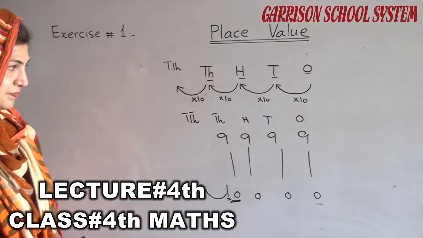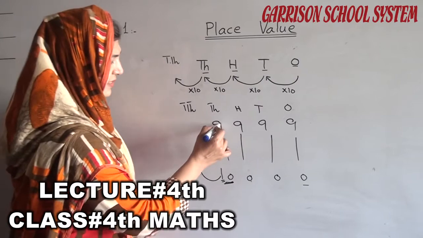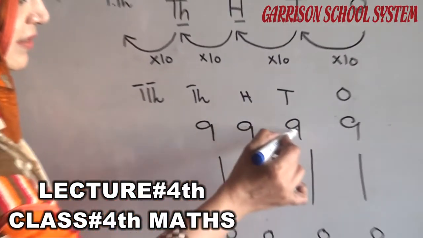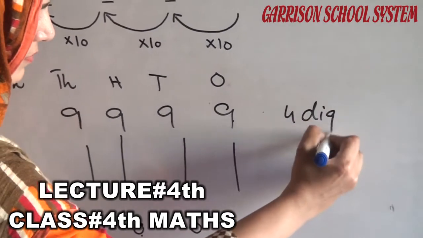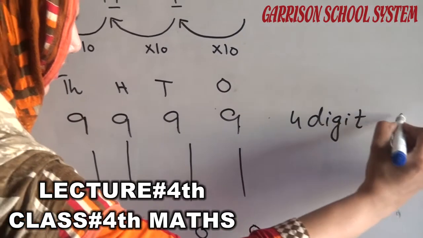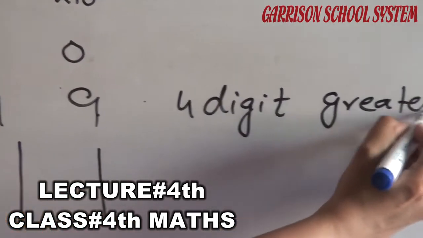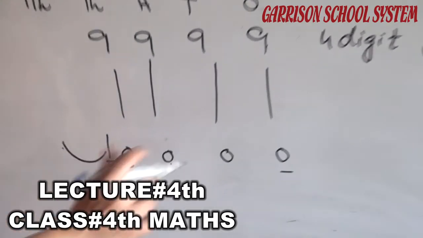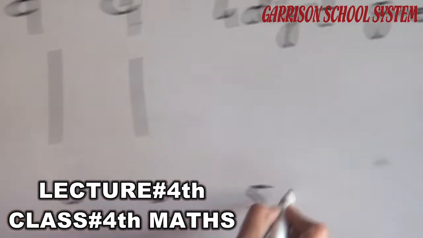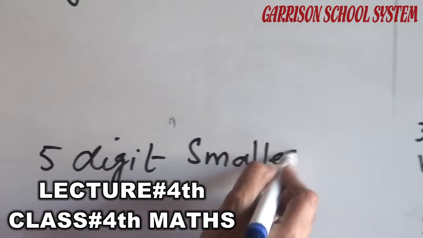It means you have learned that 9,999 is the 4-digit greatest number, and 10,000 is a 5-digit number, the 5-digit smallest number.